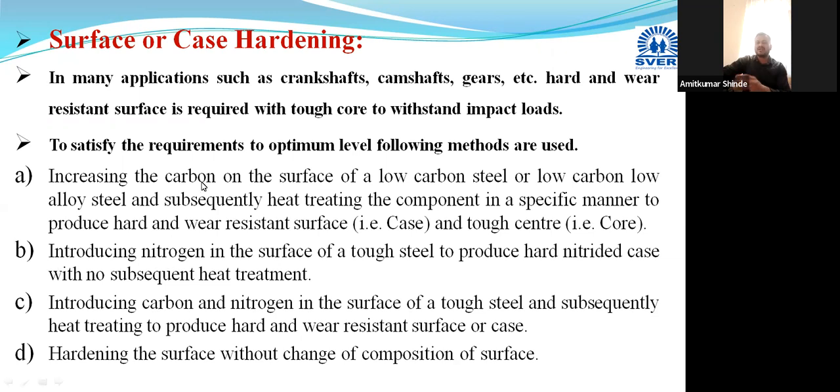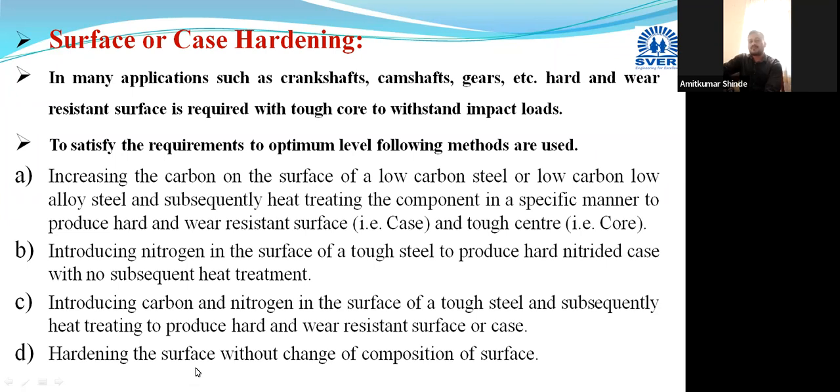By all these three means we will end up with a hard and wear resistant surface and a very tough core having high toughness. So these three are the methods where we are changing the composition. And the fourth method is the hardening of the surface without changing the composition.